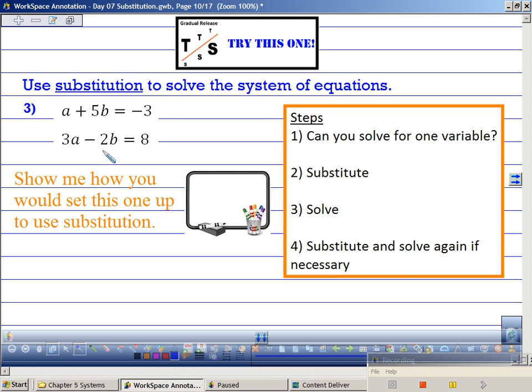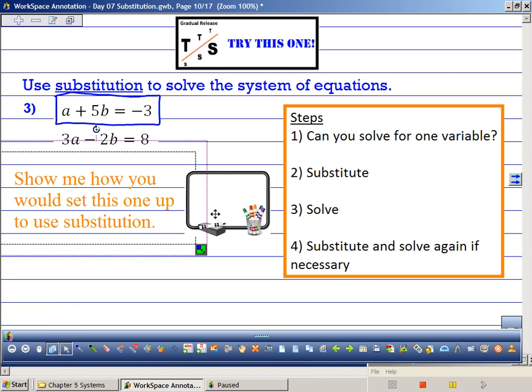But just to see that you can do it with substitution as well, show me what you would need to do. The first step is, can you solve for one variable? I can solve for one variable on this one right here. So show me on your desk how you would solve for one variable and get this started.